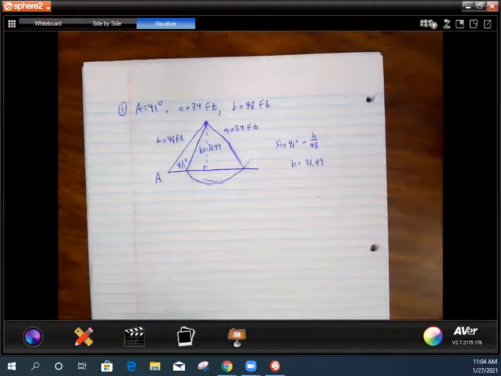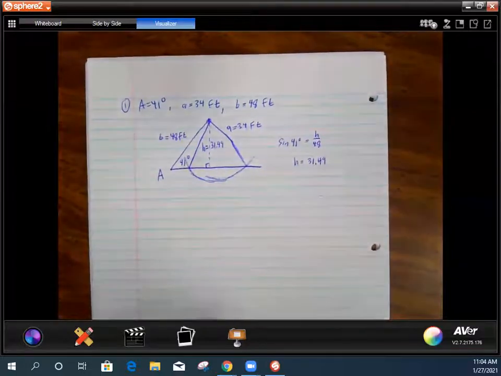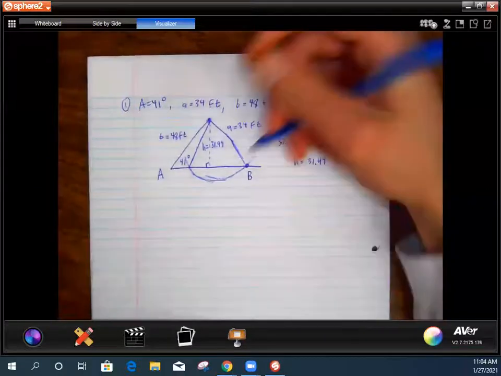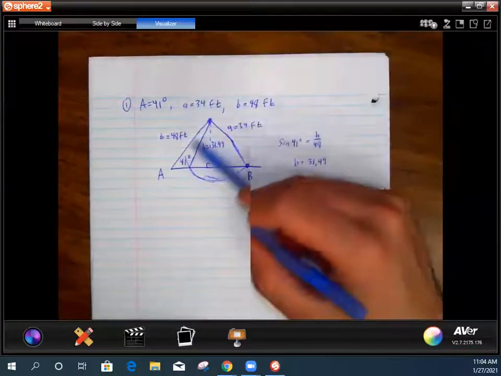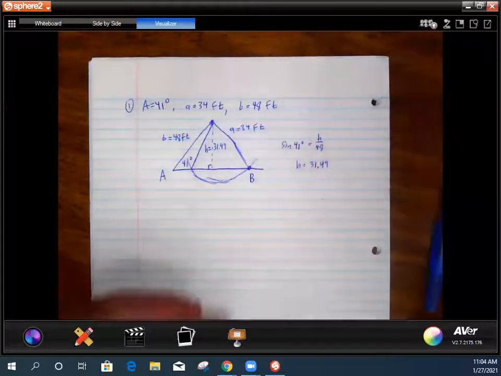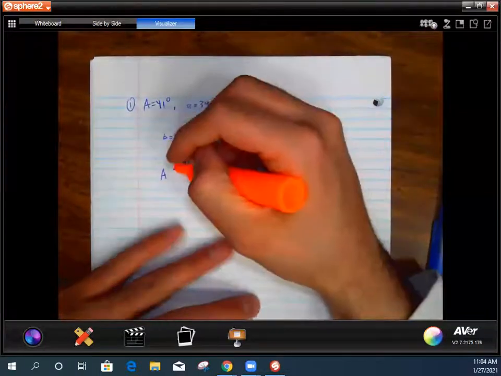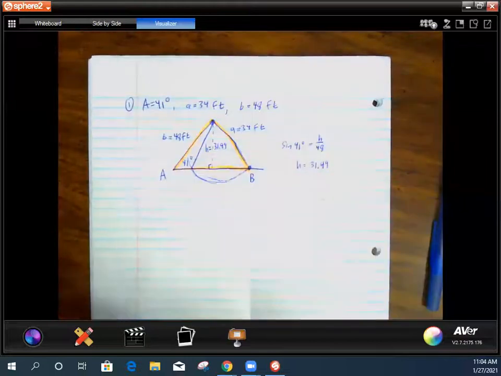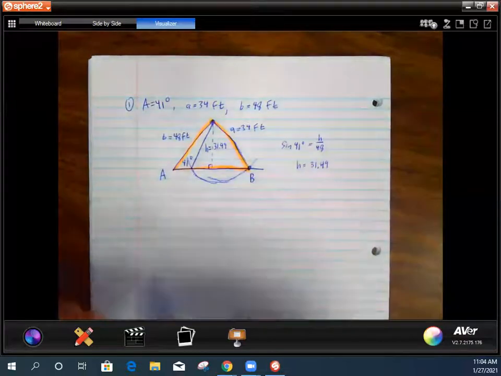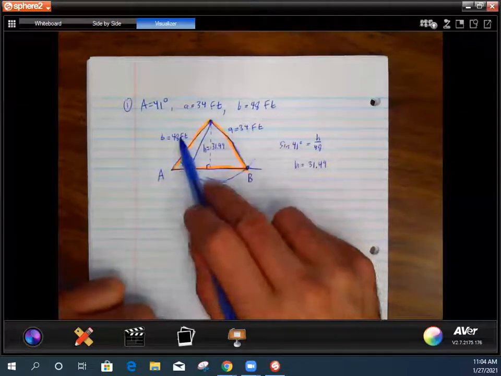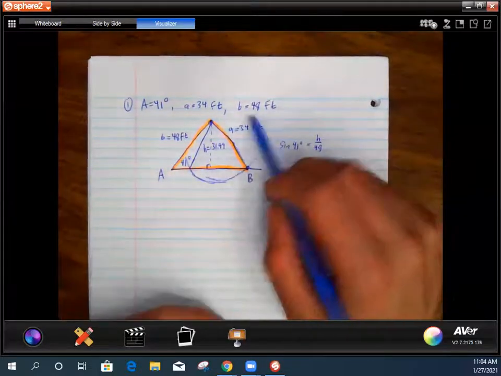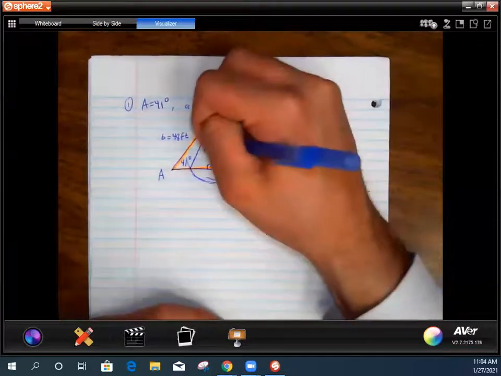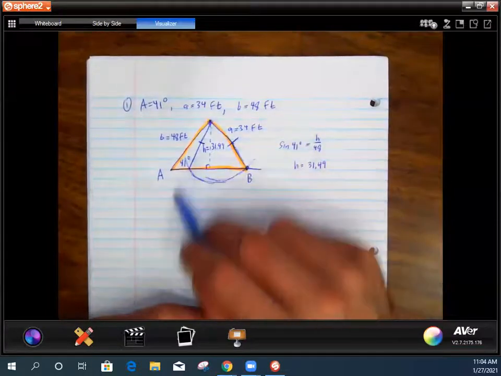So now I'm going to draw out these two triangles separately. So this would be angle B because it's across from 48 degrees in this triangle. So we have this triangle, which I'll highlight in orange. But then you also have another triangle with a 41-degree angle, a 48-foot side, and a 34-foot side, because this side is also going to be 34 feet because it's the same side.